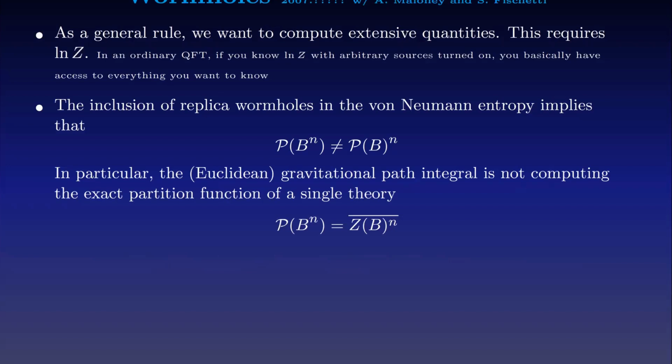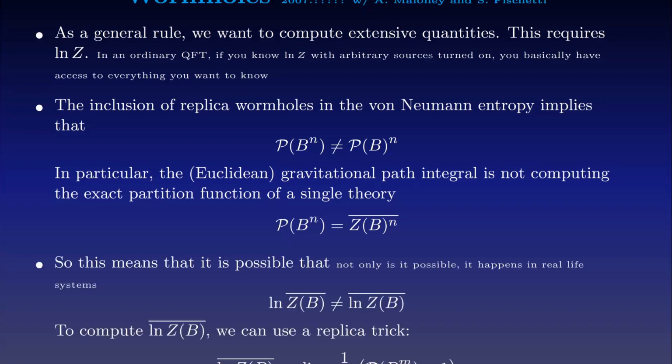In particular, the Euclidean gravitational path integral, again, as I said before, appears to not be computing, at least in those certain models that have been studied, the exact partition function of a single theory, but rather potentially some ensemble average. So this means that it's possible, and as an aside, not only is it possible, it happens in real systems, that the log of this average of Z is not the same as the averaged logarithm.